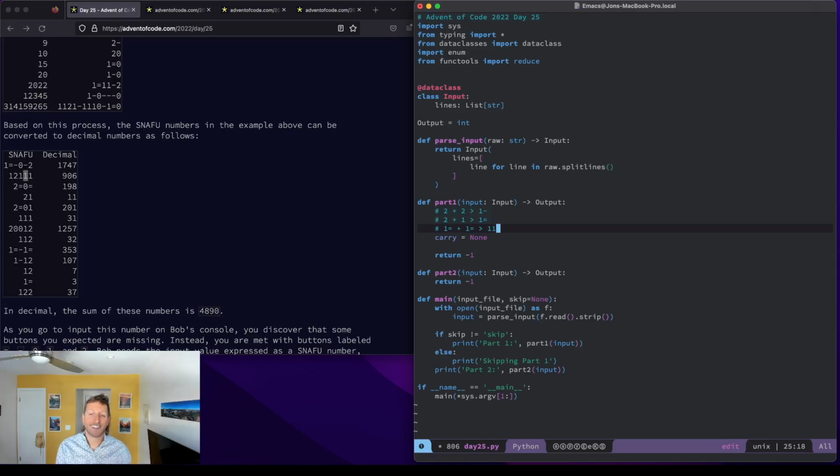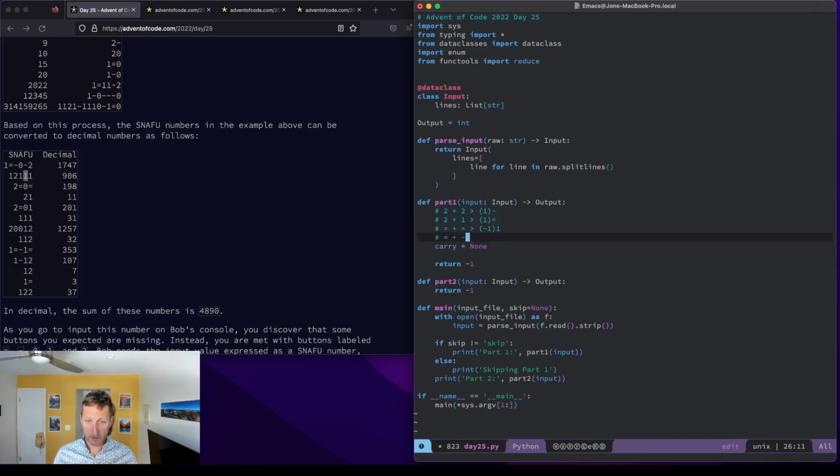So what this is, a carry of -1. So yeah, the minus plus minus equals plus, it carries -1. So in these parentheses is the carry value. -1, 1.